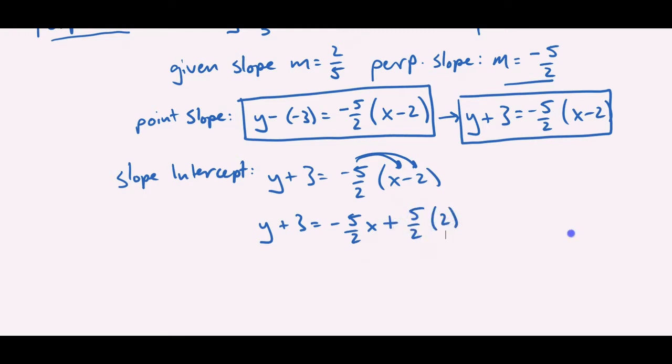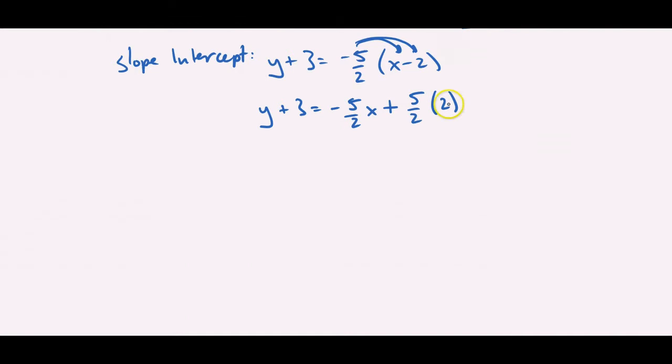Now we will clean that up just a bit. We can make that 2 a 2 over 1 if that helps. So we get y plus 3 is equal to negative 5/2 x plus 5/2 times 2 becomes 10/2, or just 5.